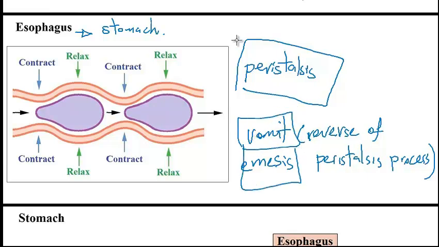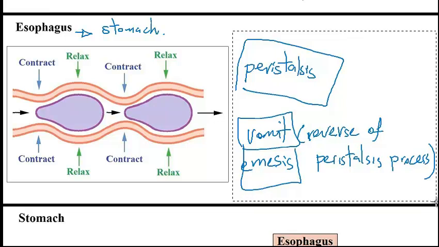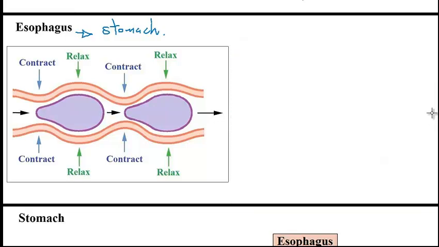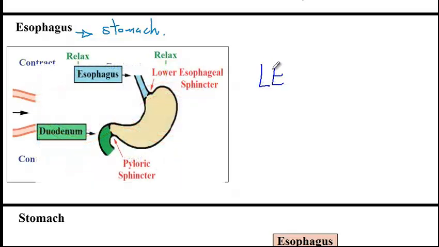And then one other point that I would like to mention is that at the end of the esophagus, there is a sphincter that is called the lower esophageal sphincter. The function of the sphincter is to allow the food into the stomach, and then it closes to prevent the food from refluxing back into the esophagus.